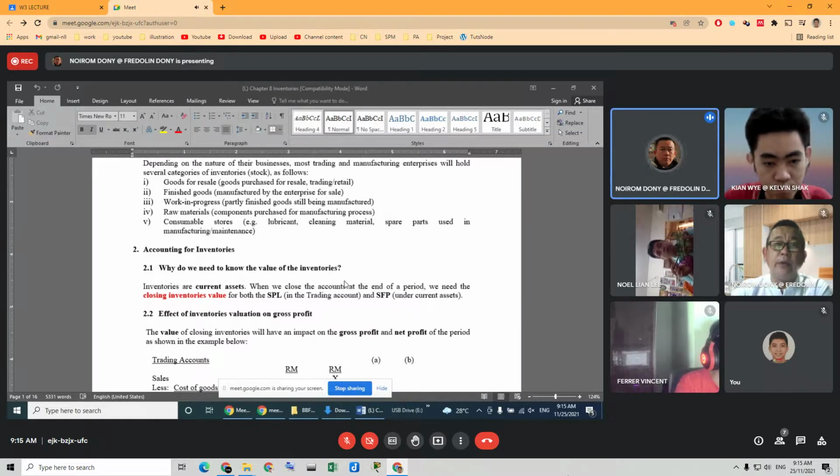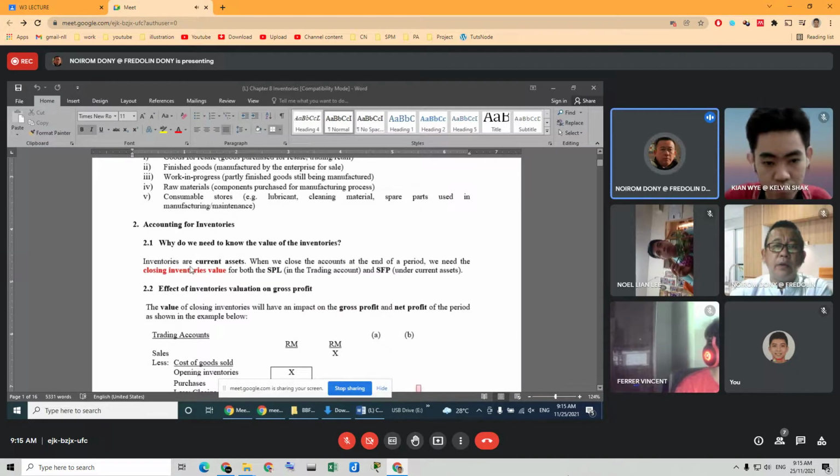The reason being, inventory is an asset and it is under the category of current asset, where the balance of this asset is changing from time to time in a very short period because it is being taken and sold to the customer, or taken and consumed, or taken and processed. So these are under the category of current asset.